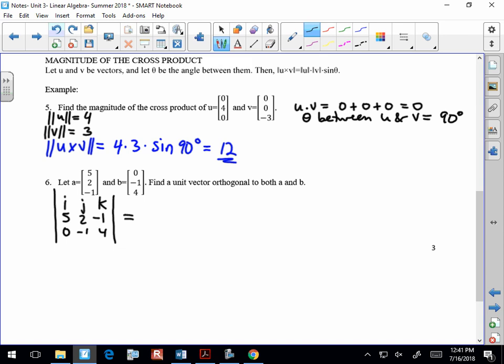So 8 minus 1, so 7i. We have a negative j multiplied by 20 minus 0, so 20, plus a k multiplied by negative 5 minus 0, so negative 5.